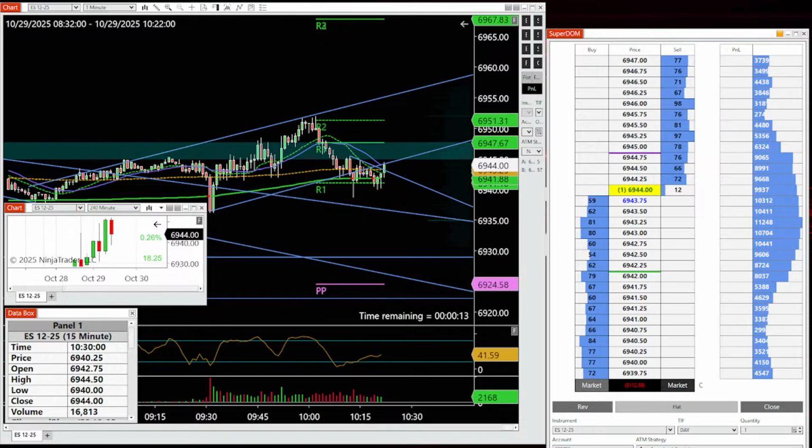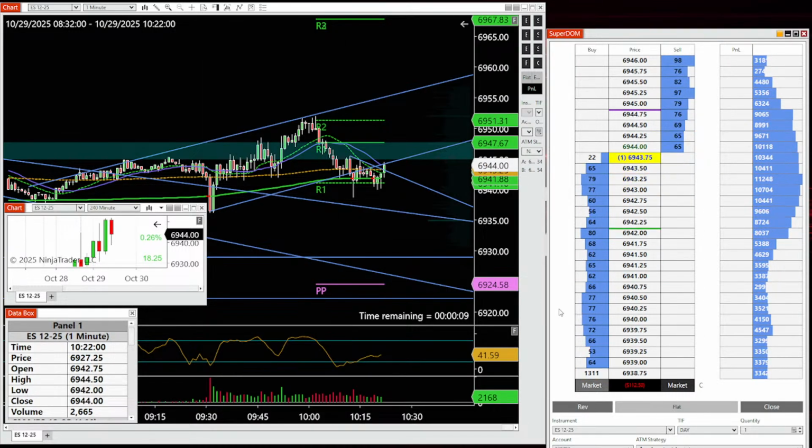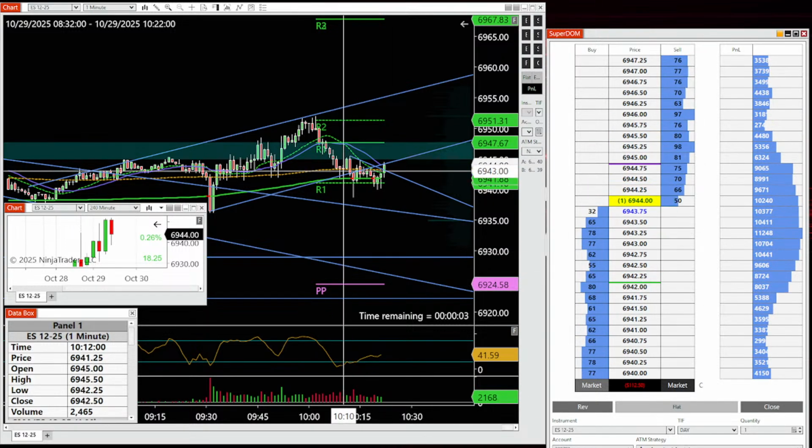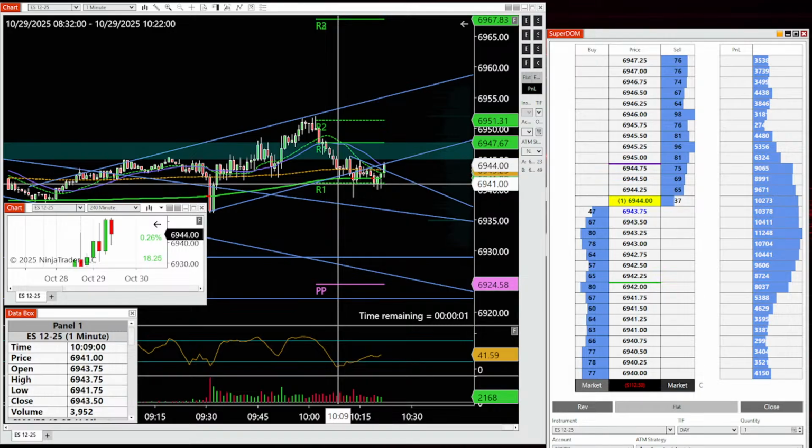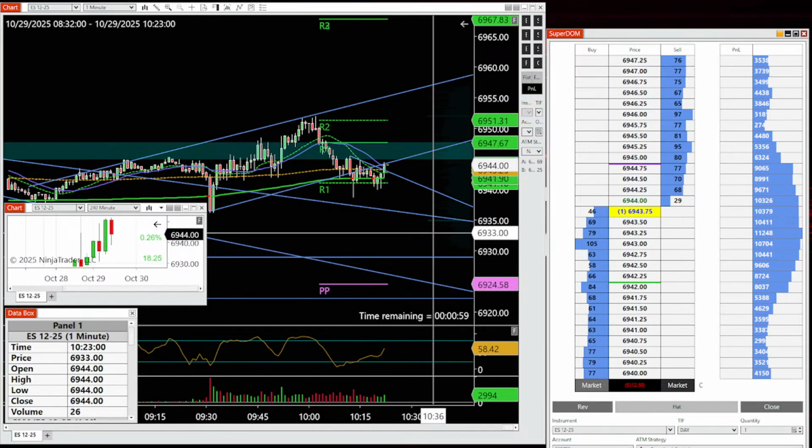They're sweeping the shorts. Sweeping the liquidity. Over and under this R1.